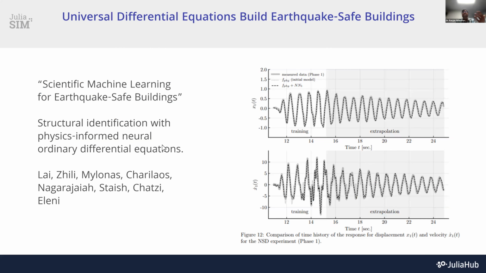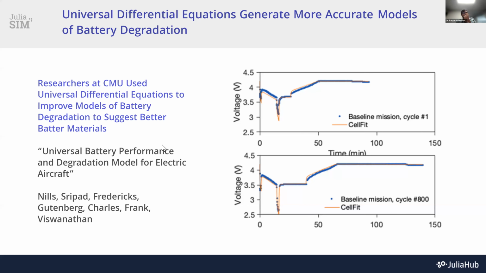There are lots of interesting cases where this works, like informing structural properties of buildings. There's an example of this with battery models that's very interesting. Battery physics is quite interesting because in many cases you don't quite know all of the physics, especially in degradation, for combinations of new materials and electrolytes and so on. So what you can do is augment the best possible models that you have with data-driven terms, and then fit those data-driven terms.